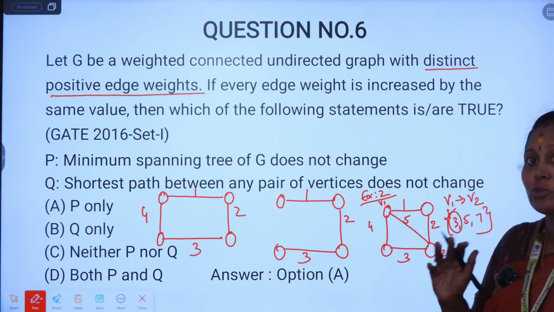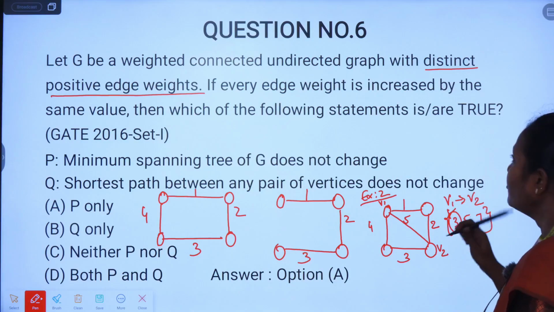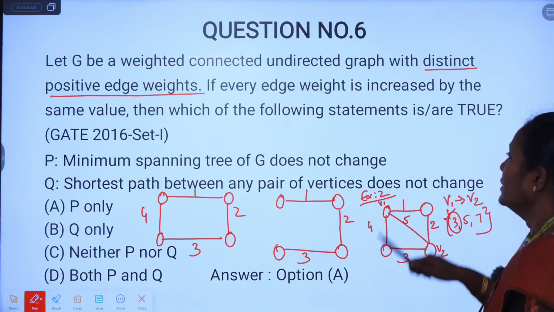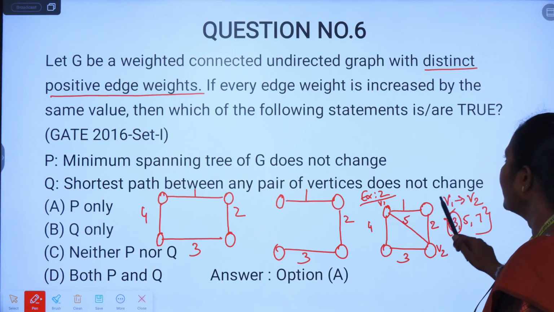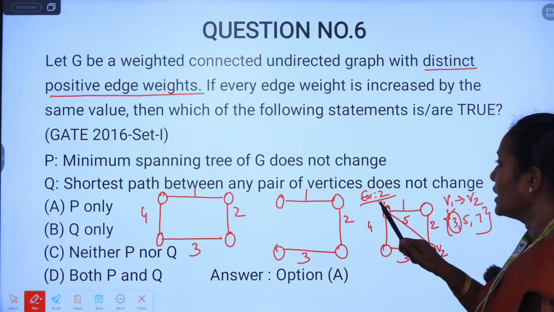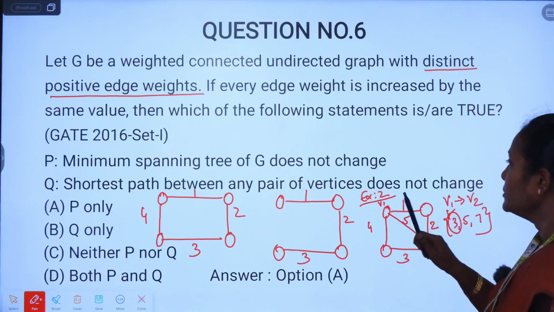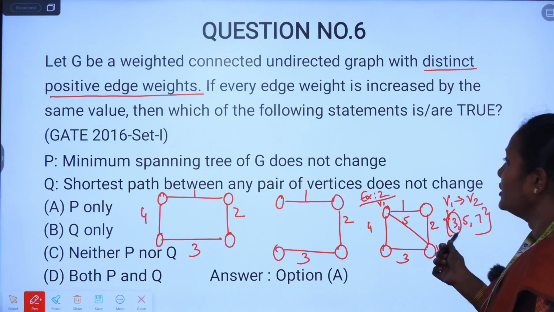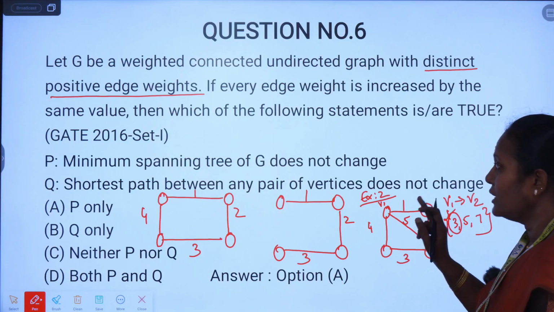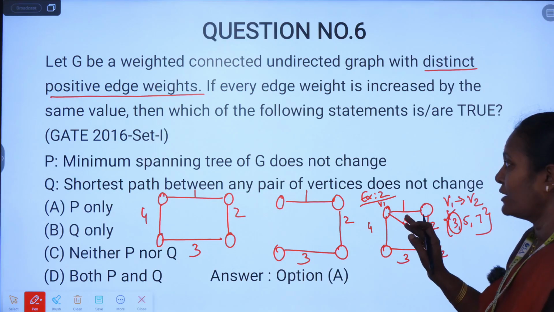That is, weights should be different values here. If every edge weight is increased by the same value, then which of the following statements is true? Those are the two statements they have given. The first statement is: minimum spanning tree of G does not change. The first option is talking about the minimum spanning tree.